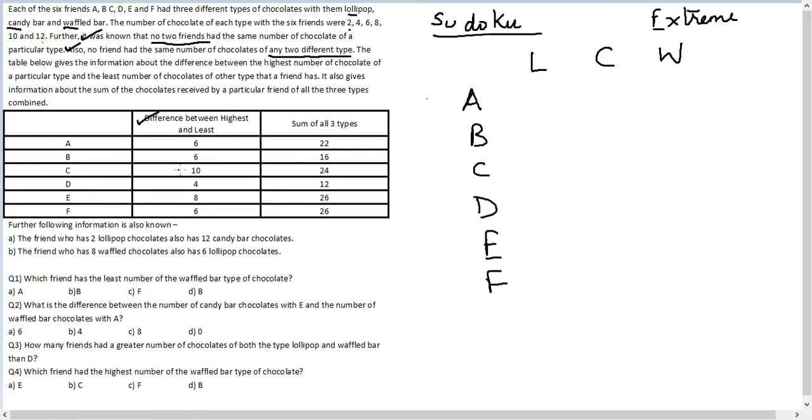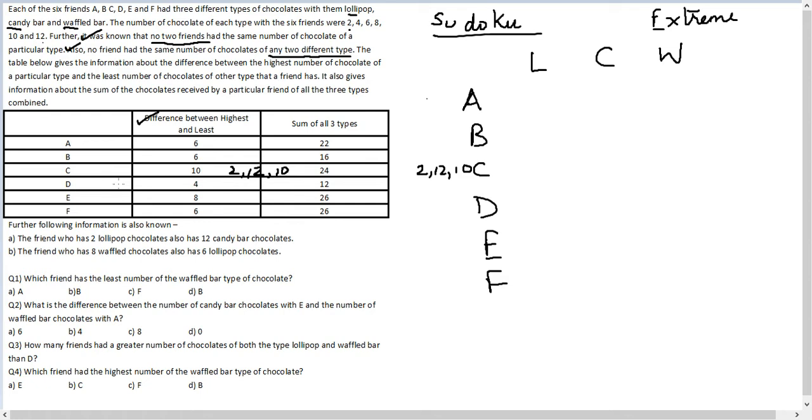So C here with 10 will definitely have 2 and 12. Also, we've been told that the sum of all 3 types here is 24. Therefore, the third value has to necessarily be 10. So for C, 2, 12 and 10 will get used up.